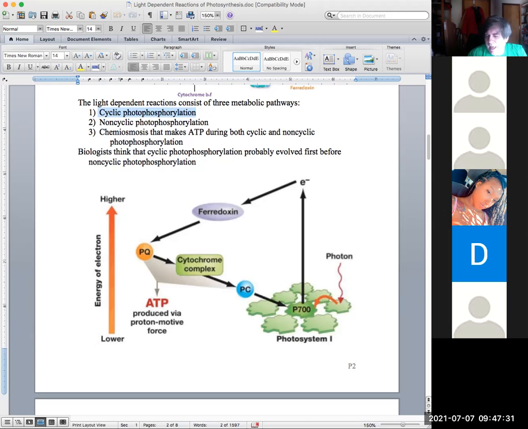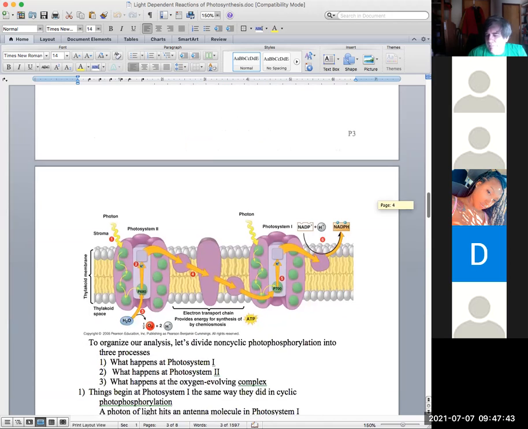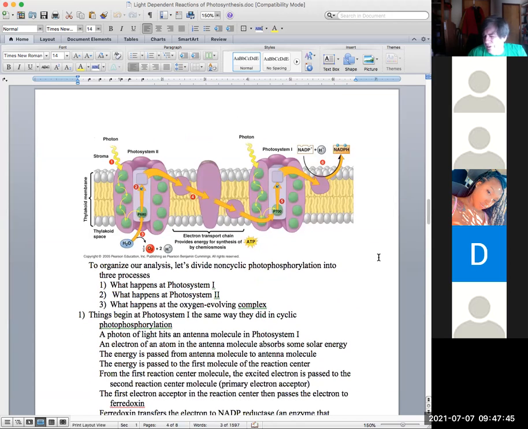But before we do that, let's look at non-cyclic photophosphorylation. So this is a linear metabolic pathway. And here's a diagram of this. This is a little more complicated, so we're going to divide this up into three processes.